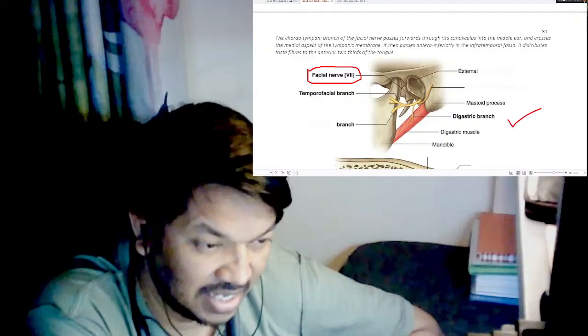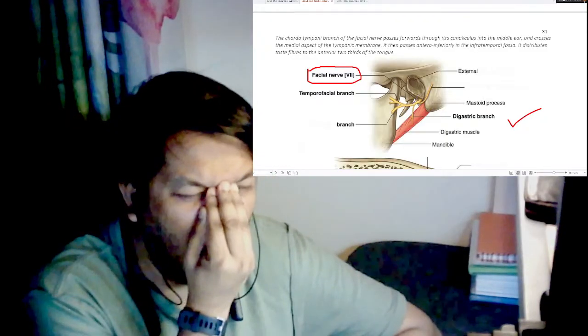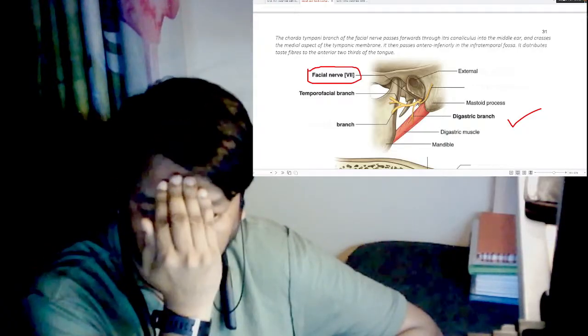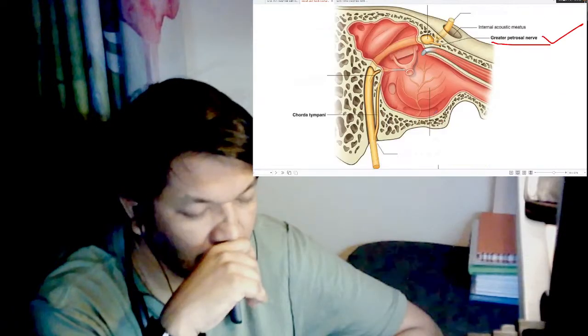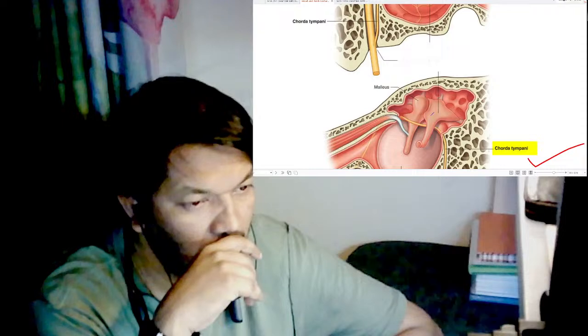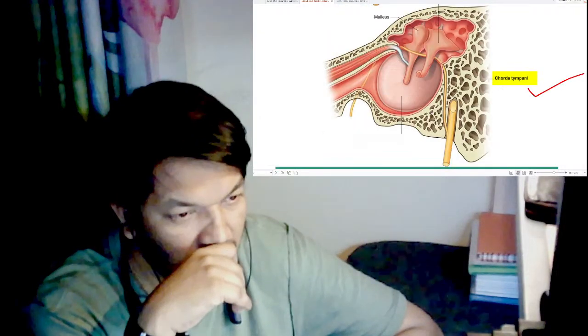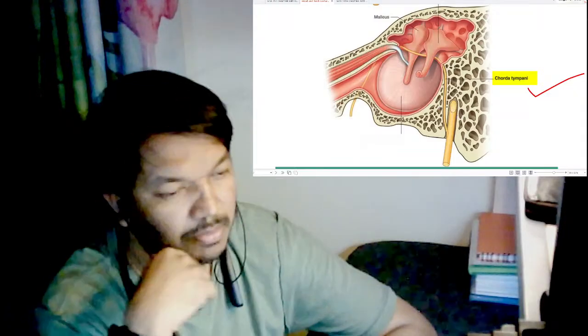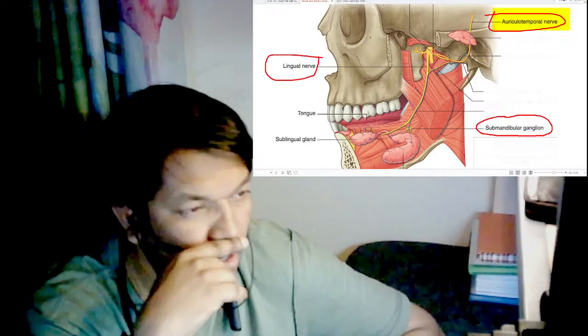So here you can see this is the facial nerve. Chorda tympani, they are giving supply in the tongue. Auriculotemporal nerve.